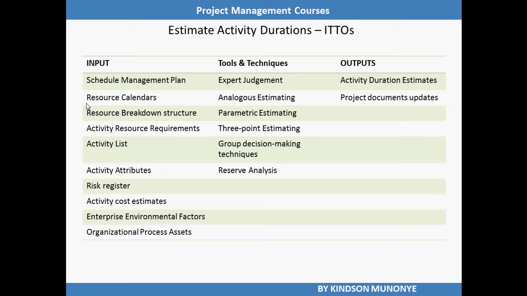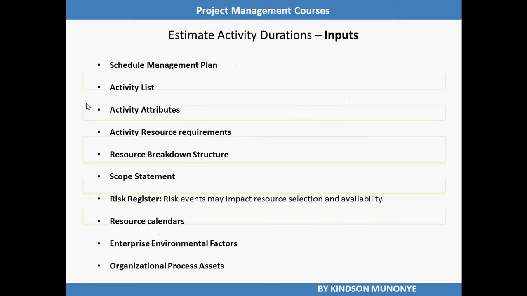Let's now, as usual, ask ourselves the question: why do we need this input for this process? Why do we need the schedule management plan for estimate activity durations? This is because the schedule management plan defines the method used and the level of accuracy along with other criteria required to estimate activity duration, including the project's update cycle.